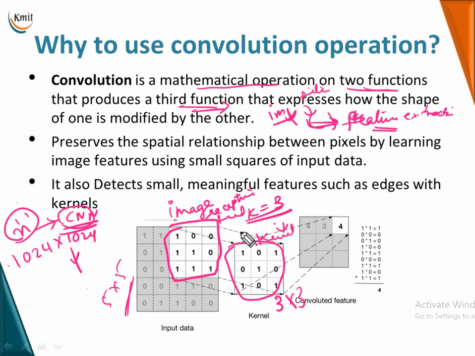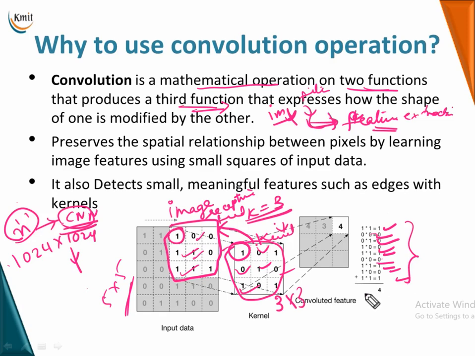This filter or kernel will be imposed over this particular image, and it is going to extract. How is it going to extract? Pixel by pixel, 1 into 1, 1, 0 into 0, 0, 0 into 1, 0, and like that, 1 into 0, 0, 1 into 1, 1, 0 into 0, 0, dot products, okay, 1 into 1, 1, 1 into 0, 0, 1 into 1, 1.